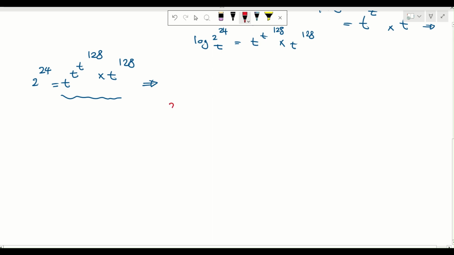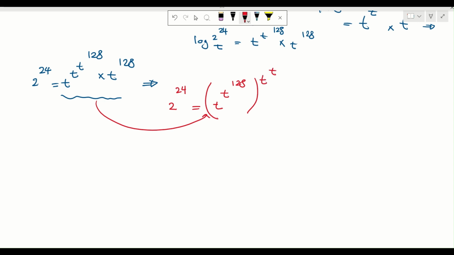I have 2 to the power of 24 equals, so here note that I will write it as t to the power of 128, and then I'm going to take the power of this to the power of t to the power of 128. So this is basically because this value here is multiplied by this value.